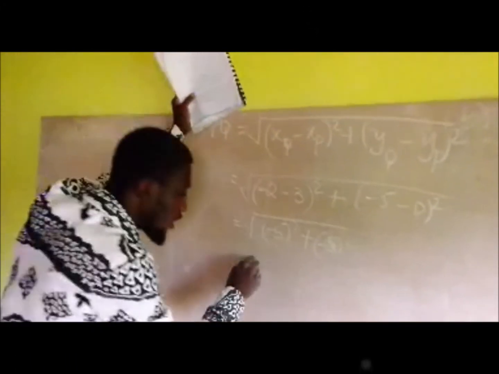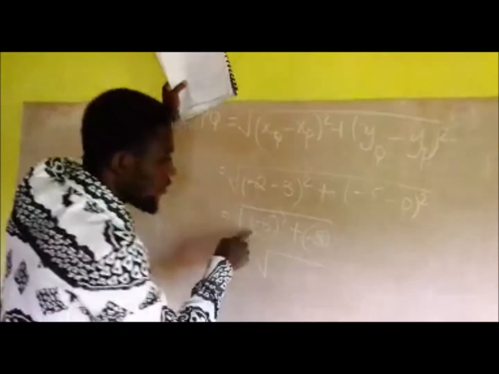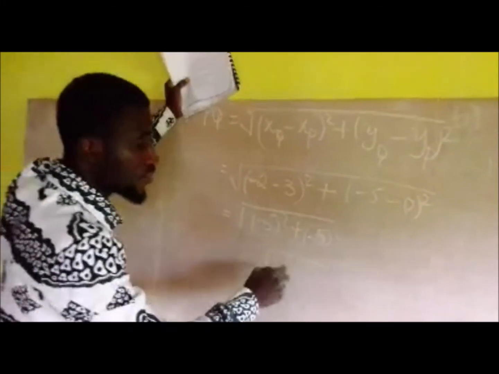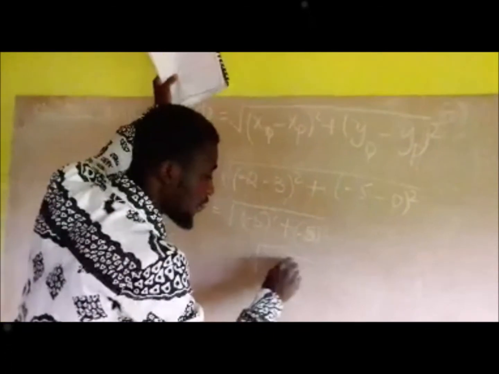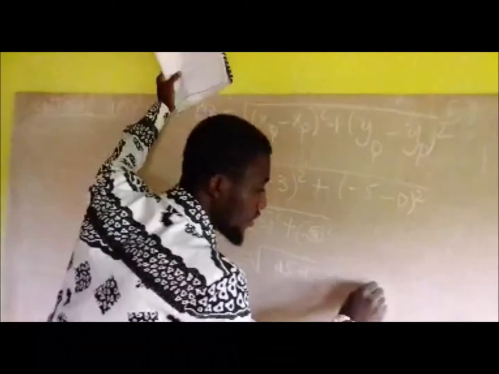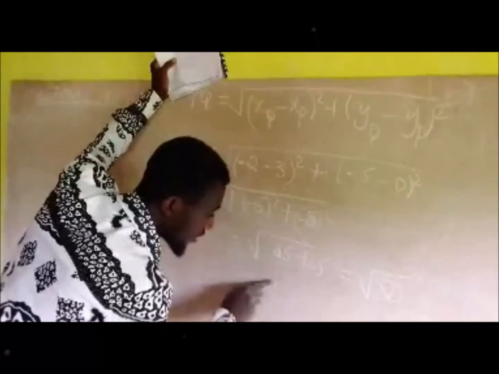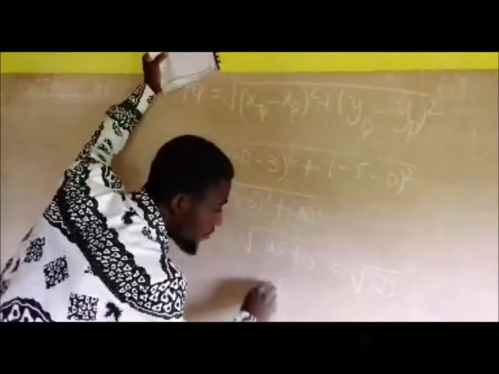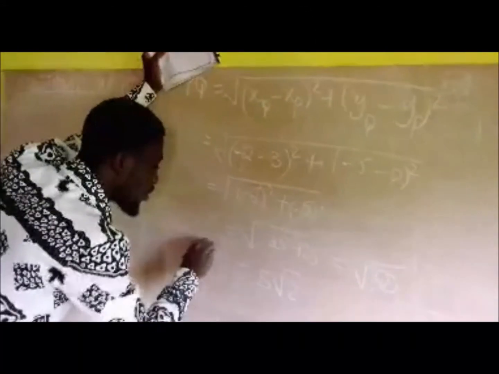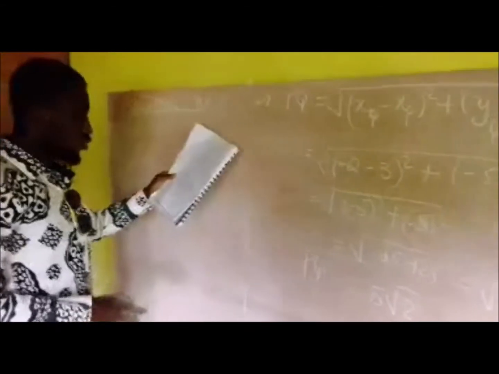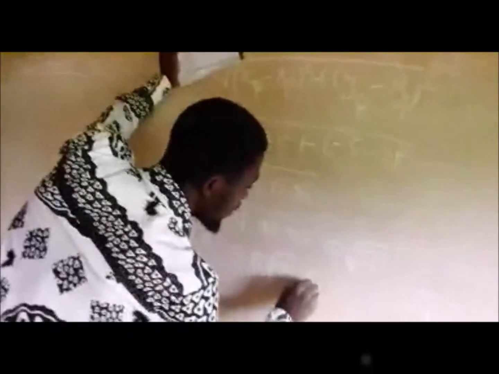That gives negative 5 squared plus negative 5 squared, which is 25 plus 25, giving us 50, the square root of 50, which is 5 root 2. So the length of the line PQ is 5 root 2 units. Let's just put units, because here we don't know in what units they were measuring the coordinates.